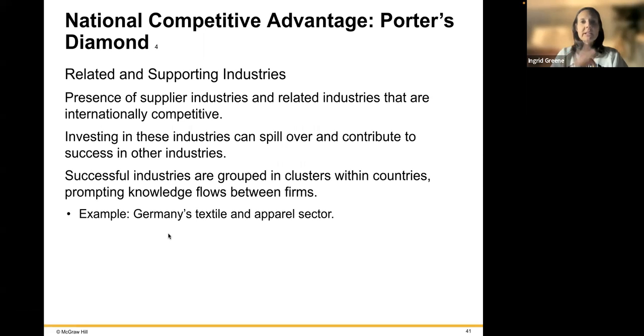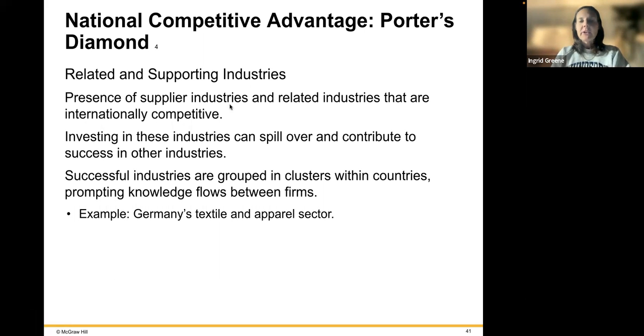The third one is the related and supporting industries. And this is where I was talking about how Switzerland, Basel in particular, Basel is in that tri-state area. Half part of Basel is on the border of France, and part of Basel is on the border of Germany, but it's really in Switzerland. And so they were able to really jump into all these different countries when it came to dyes and the textile industry. It's a geographic cluster.